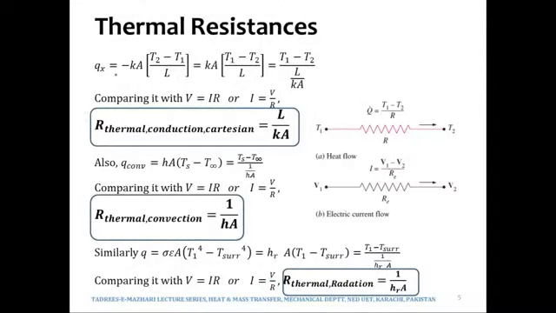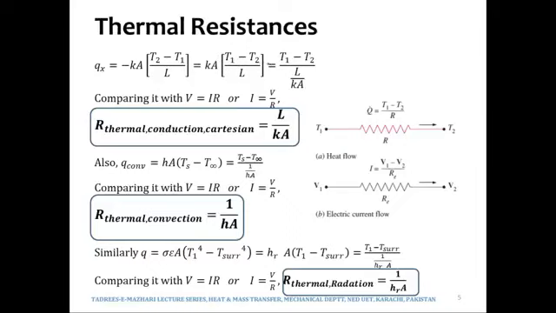And if we then take this negative sign in here, we can write it as T1 minus T2 over L. It means heat will flow from a higher temperature T1 to a lower temperature T2.